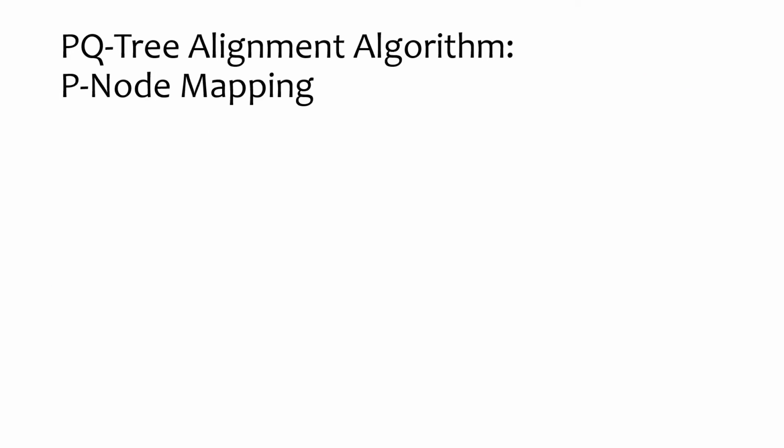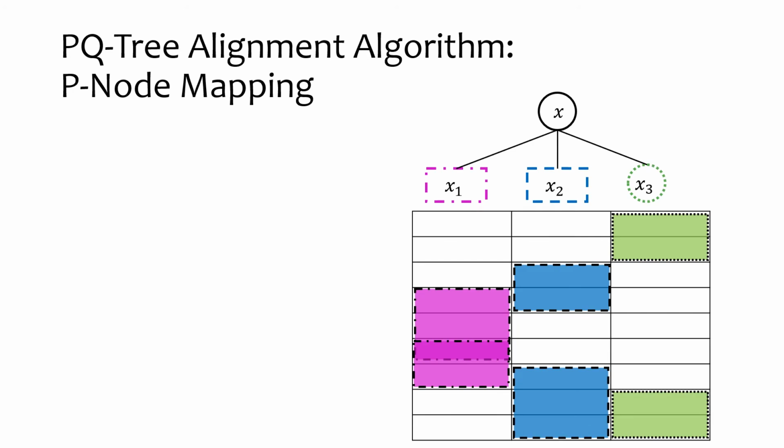Next, I will explain the P-node mapping algorithm in more detail. I will skip the explanation of the Q-node mapping algorithm because it is simpler. As we saw in the previous slide, the algorithm is given the optimal alignment of each child of the target P-node versus each substring of the input string.